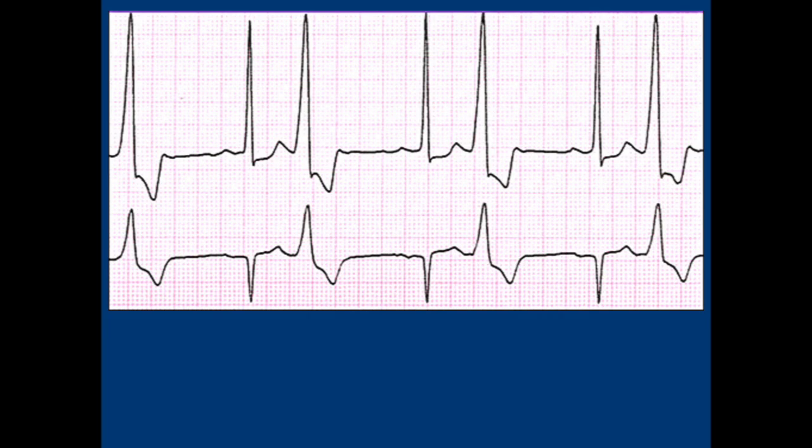Look to see how it's distributed and what pattern it's going in. So that is bigeminy. Every second beat, we have a PVC or a VPB, premature ventricular contraction or a ventricular premature beat.